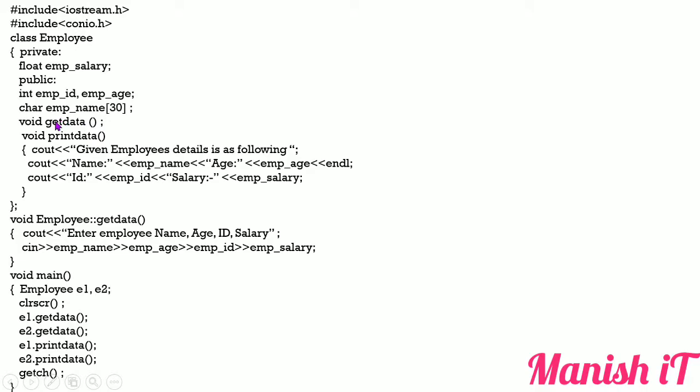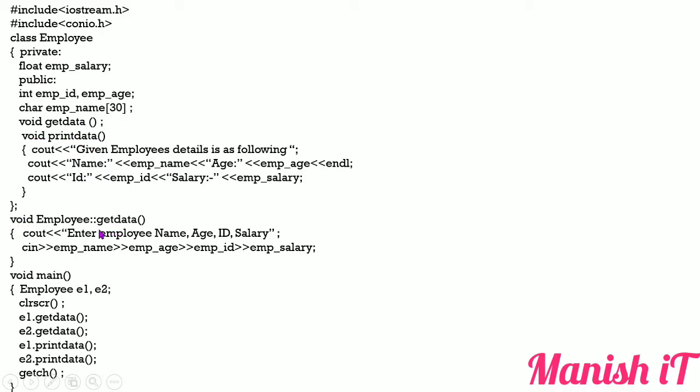Here our member function is get data and it returns void. So we should write the same return type here, and after that whatever class name I have used, we should write that class name here, then the scope resolution operator, and then the member function name I want to use.